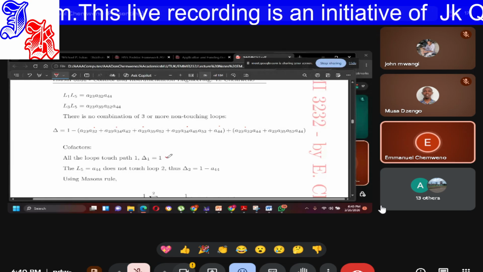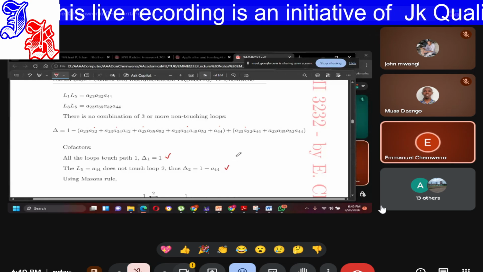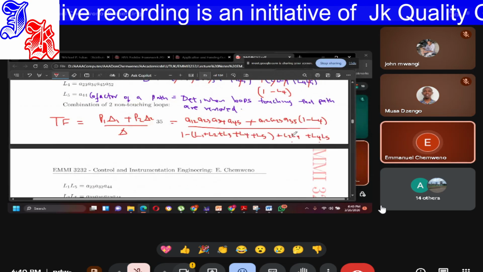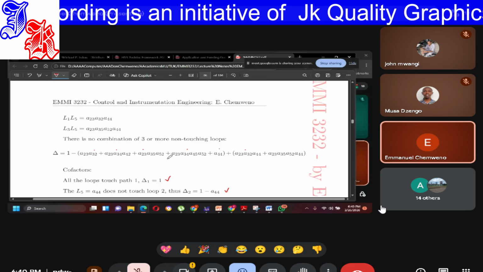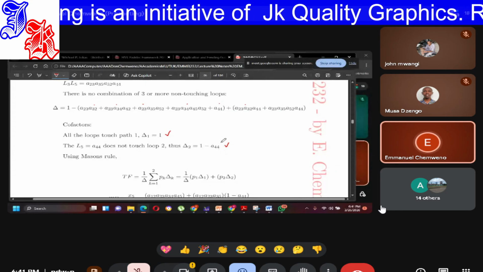So the cofactors, you got 1, and you got 1 minus F44, 1 minus loop 4, loop 4 was F44 for our case.